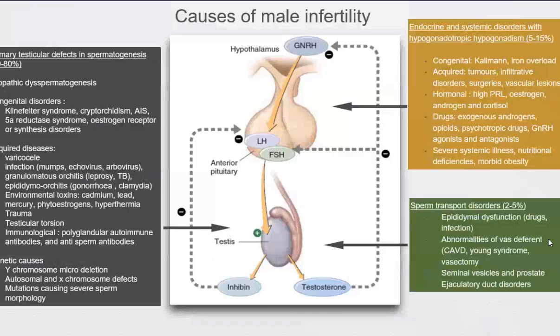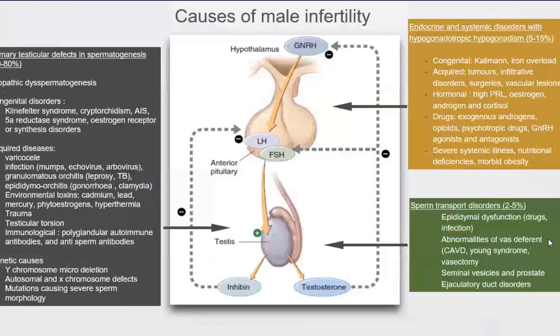When this group of patients have associated anosmia, these are known as Kallmann syndrome. For patients with thalassemia requiring regular blood transfusion, when they have iron overload in the pituitary, this typically will give you low levels of FSH and LH, which will subsequently impair spermatogenesis.